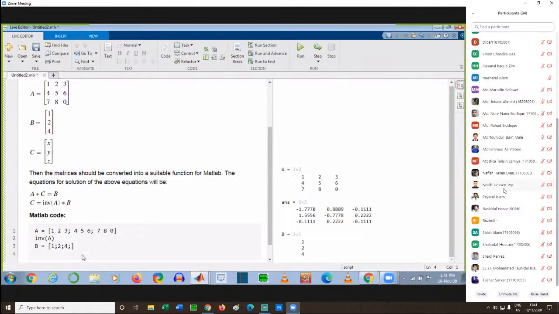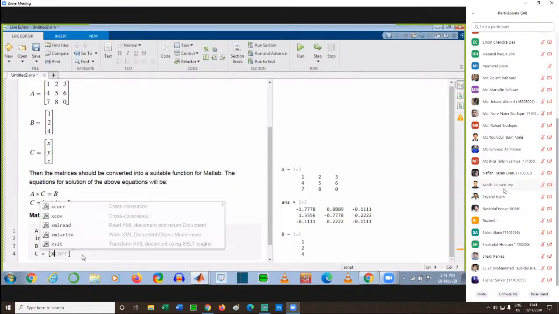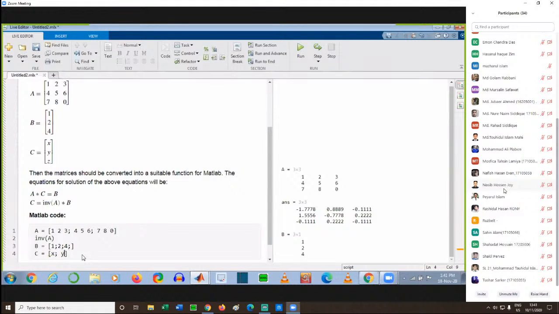If you want to define it, suppose you want to, then let's write C equal x semicolon y. Space is not mandatory here because you are putting a semicolon. X semicolon y semicolon z.